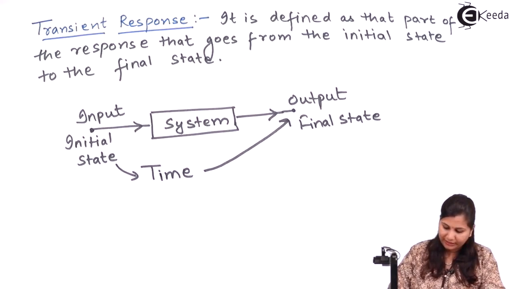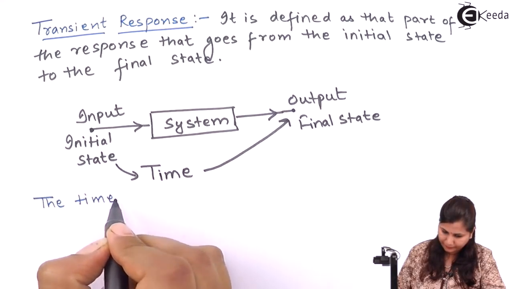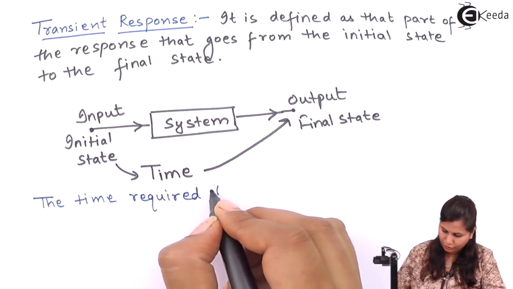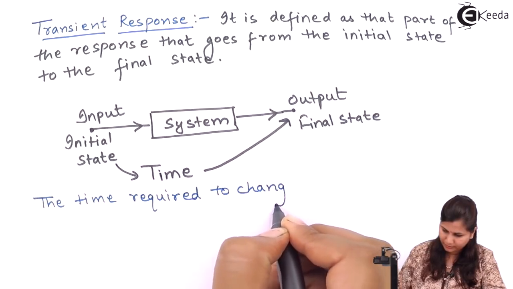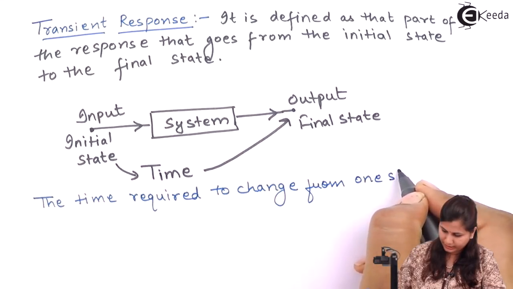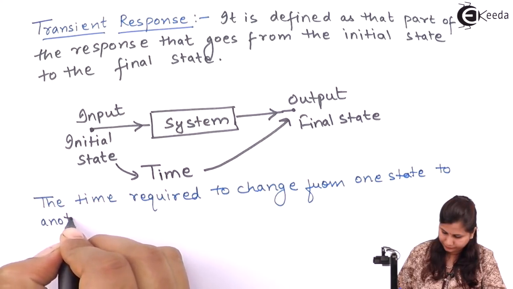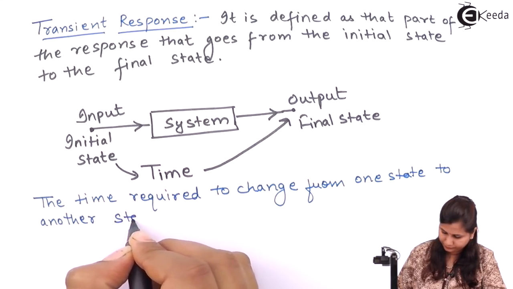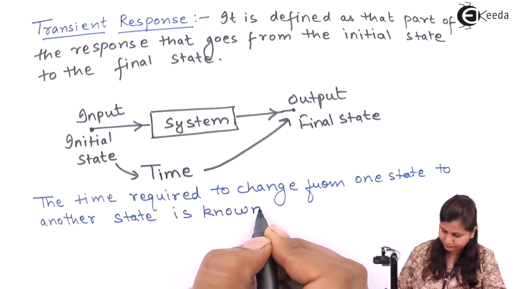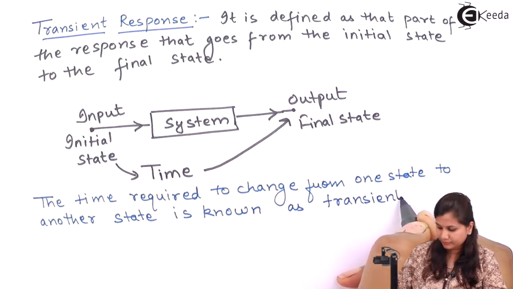Also, we can define it as the time required to change from one state to another, which is known as transient time.